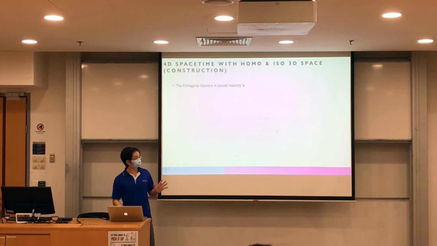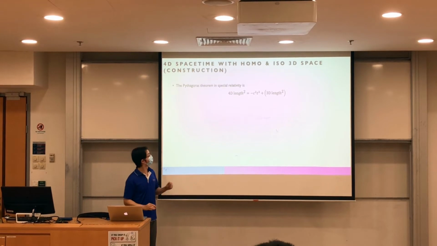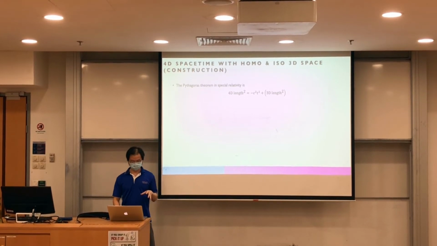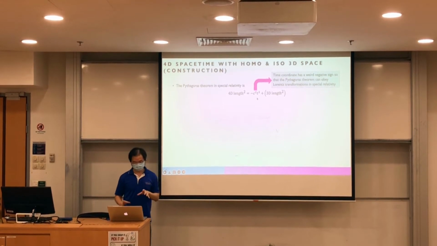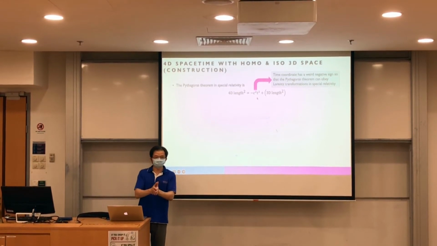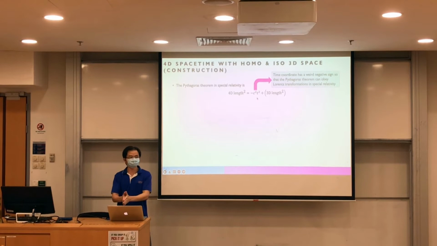So the Pythagoras theorem in special relativity is like this. Basically, the 4D length square is your 3D length square with a negative time square part. This negative part is because special relativity has something called the Lorentz transformation.